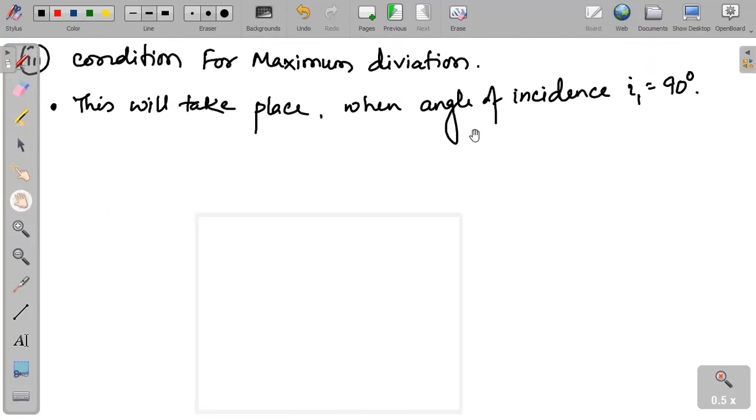So when angle I1 is 90 degrees, then R1 will be equal to the critical angle.